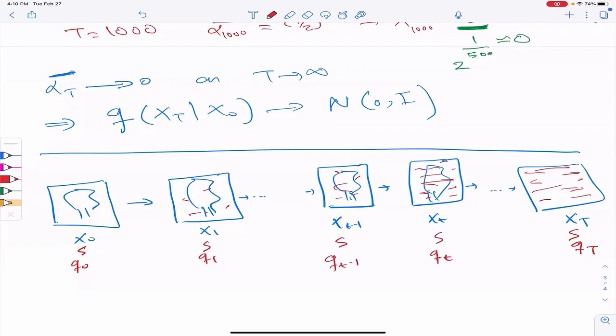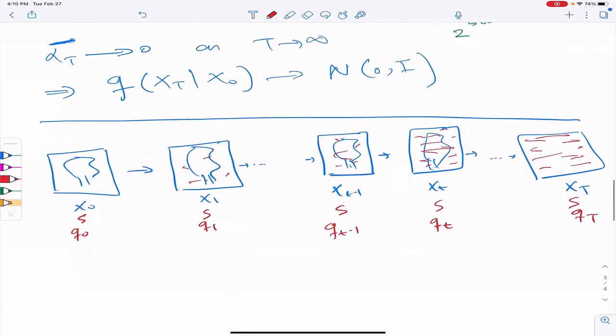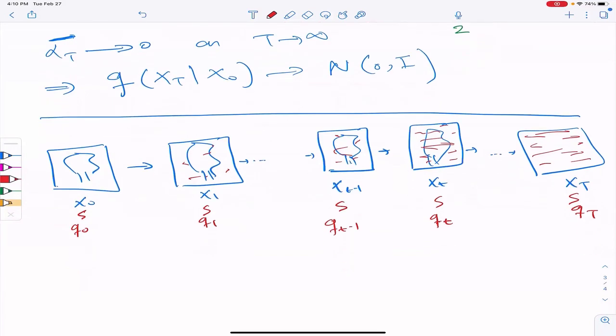So this part becomes very important, so pay attention. Again, let me ask the question that I started the lecture with. Do I have q0? No. Do I have q1? Do I have q t minus 1? No. Do I have q capital T?